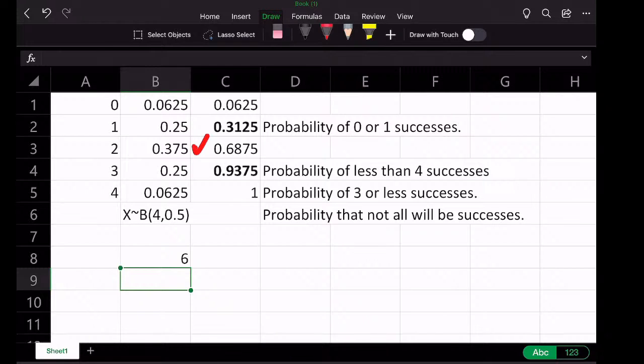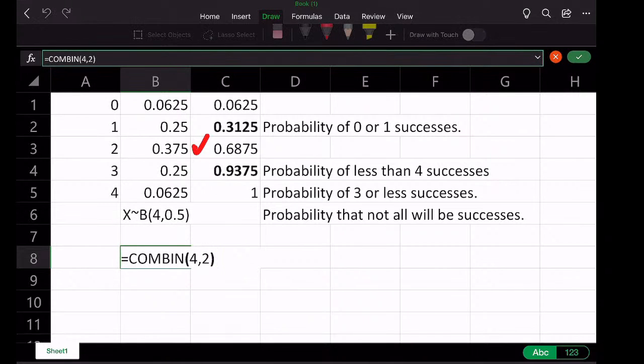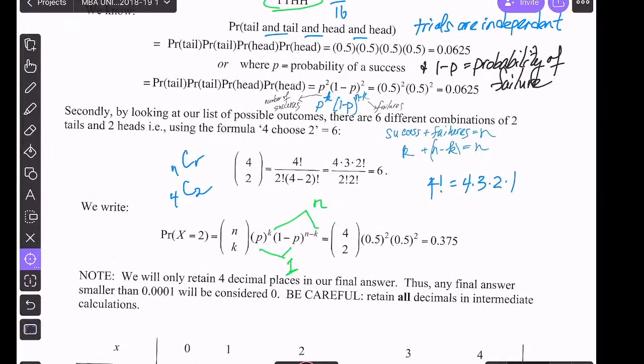You can just see the formula on the top. Combine, or combination, 4, choose 2. Okay, so there it is. That's the formula we're going to apply.